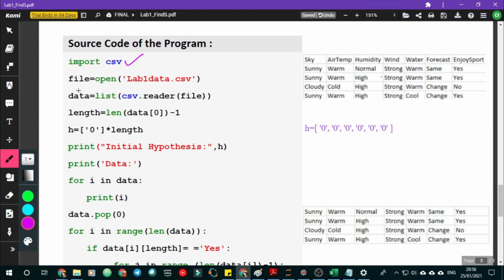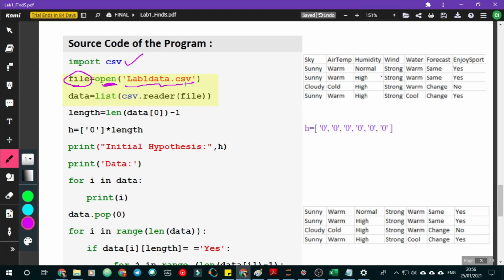Importing csv, and how do I open a file? As you already know how to open a file, we need to use a function called open, and this is how we need to specify the file name. The file name is enclosed within single quotes or double quotes. And this is a file handler.